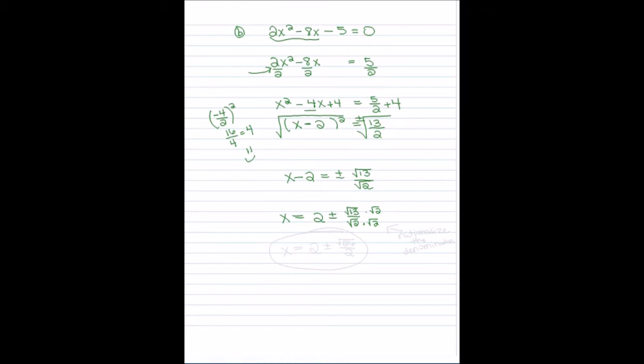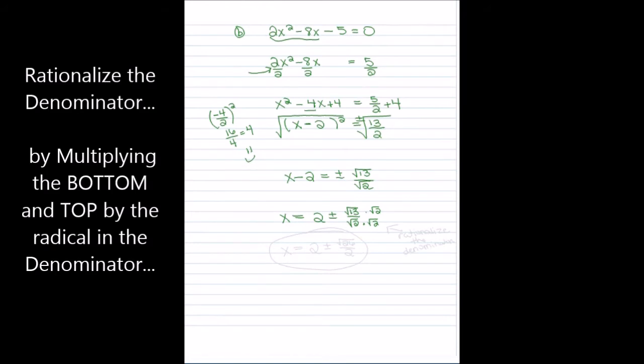What you're going to see me do now is I'm going to multiply the top and the bottom by the radical in my denominator, which is square root of 2. I'm going to multiply the top and the bottom of this fraction by square root of 2, because that's going to make the radical in the denominator go away.